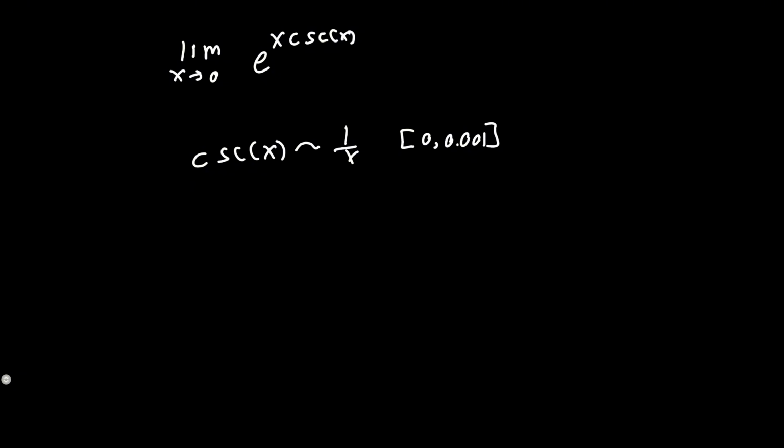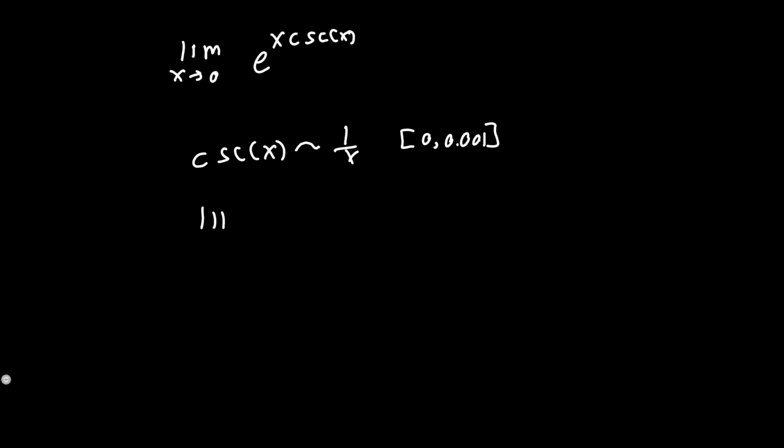We could just say that is our interval because they behave nearly the same and go towards infinity. Since we're evaluating our limit at x equals 0, we could just replace cosecant with 1 over x, as cosecant is asymptotic to 1 over x at x equals 0.